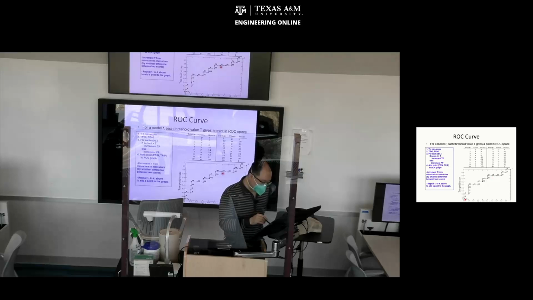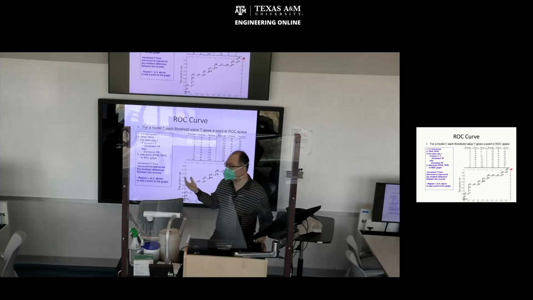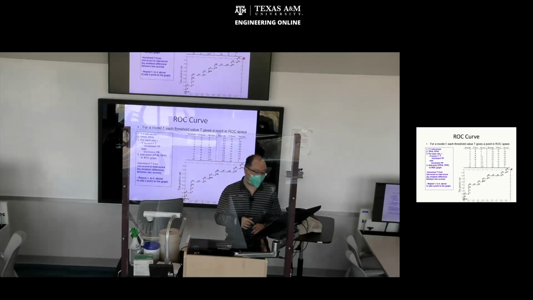So again, it always passes (0, 0) and (1, 1). But then you see, as we go above, for instance, we can start from this side, where we predict everything to be positive. That's like the threshold is minus infinity, so everything is predicted to be positive.